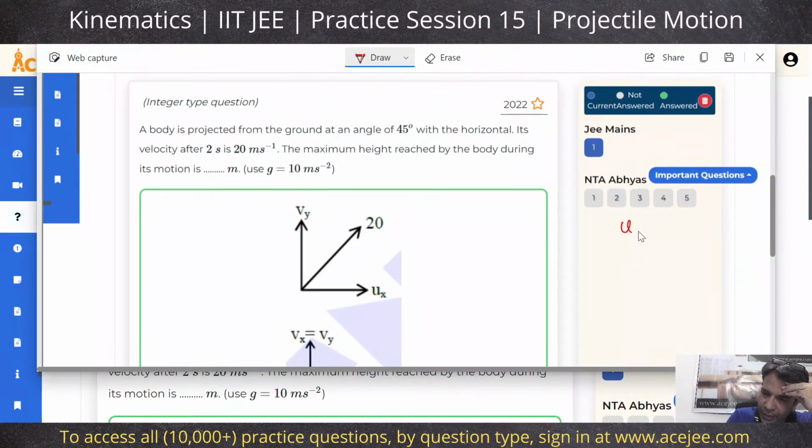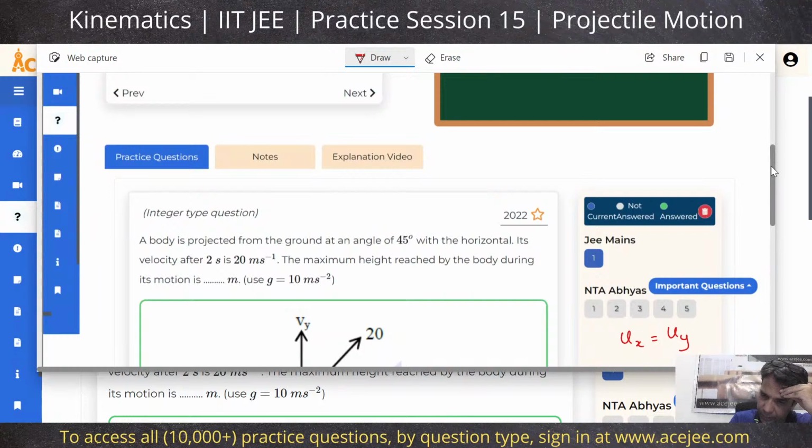So Ux is equal to Ui. Then Vy is equal to Uy minus gt. t is 2 seconds, so minus 2g. Vx is Ux.